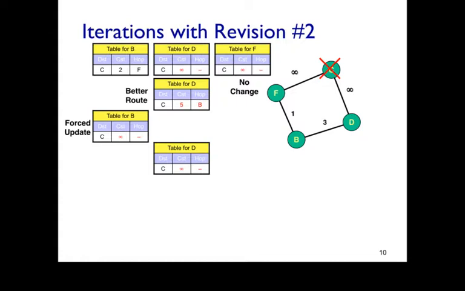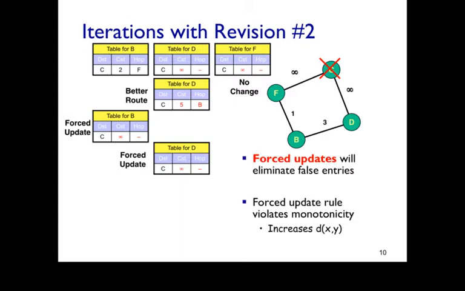Because when F advertised infinity at some point, and then when B gets that message, B will be forced to update its cost to infinity because of forced update rule. And then once it updates the cost, it will obviously advertise that to D, and then D will force its cost to infinity. So with these two fixes, we saw how this example converges. So that's something that we discussed. I'm just saying to refresh the memory.